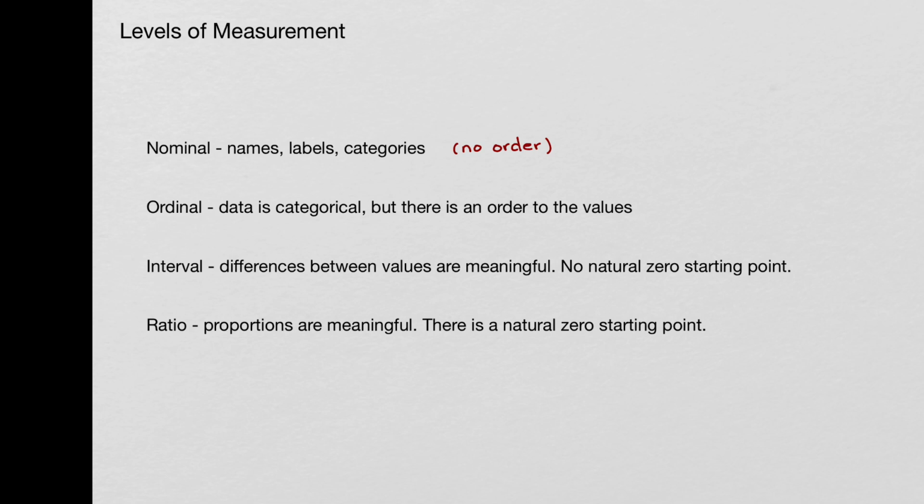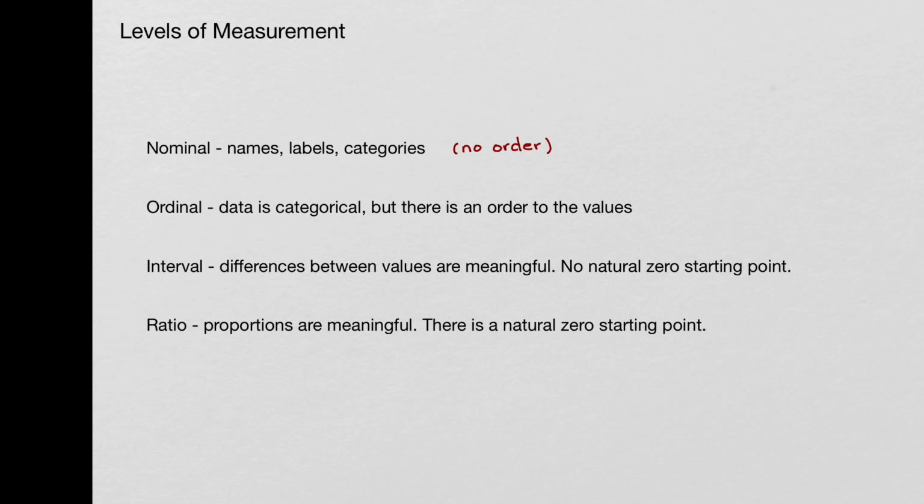That's just the names of the countries, and if you translate it to a different language, they'd be in a different order. So it's not that particular data variable that would be in order. So nominal, there's no order to it.